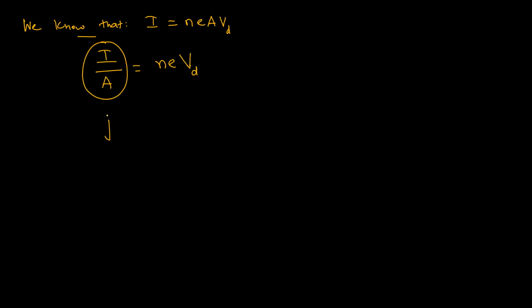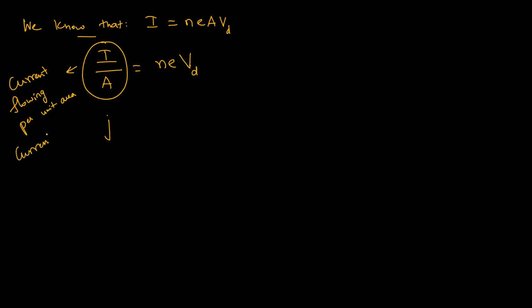The amount of current flowing per unit area. So if you observe, it is the amount of current flowing per unit area, and this is given the name current density.